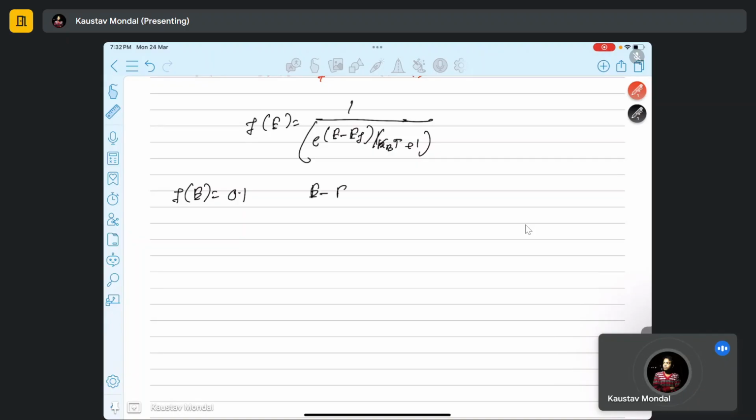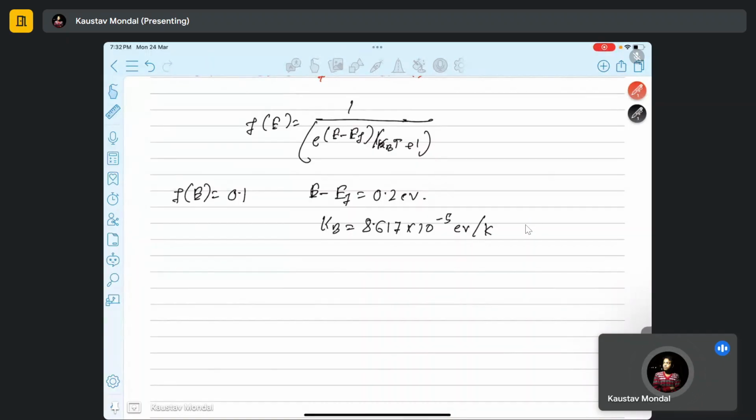E minus EF is nothing but 0.2 electron volt, right? Because we have to calculate the probability 0.2 electron volt above the Fermi energy level. E minus EF will be simply 0.2 electron volt. kB we already calculated previously; for this also we need it in terms of electron volt. That is this one.